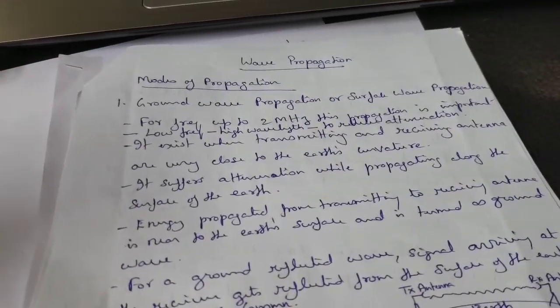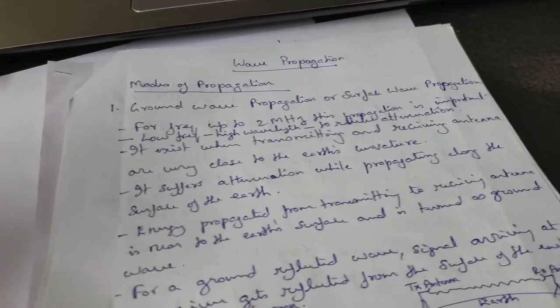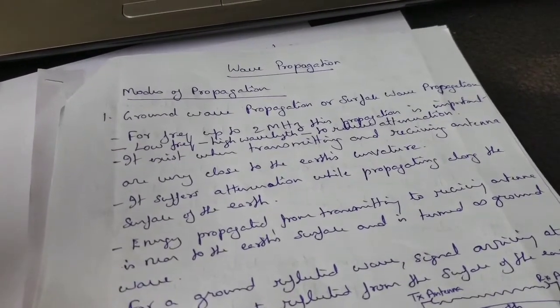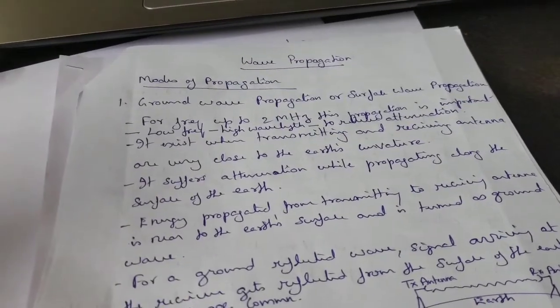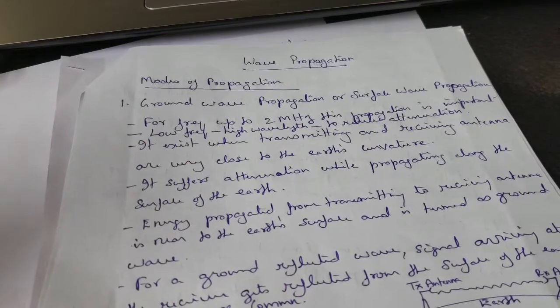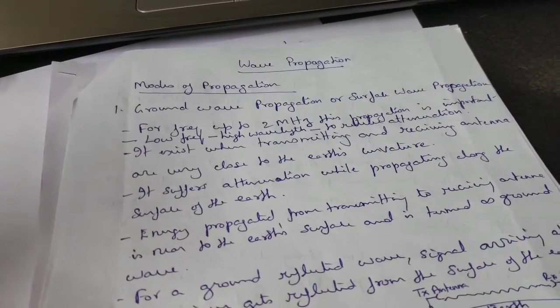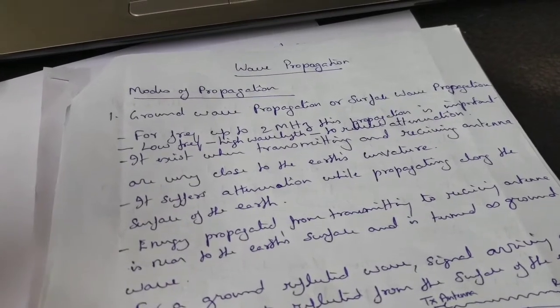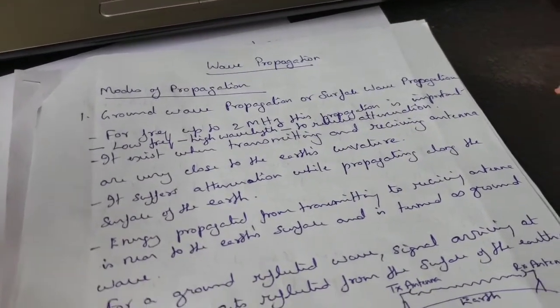Just listen to the points. Low frequency, high wavelength to reduce attenuation. Ground wave propagation has low frequency, and of course it should have high wavelength to reduce attenuation.